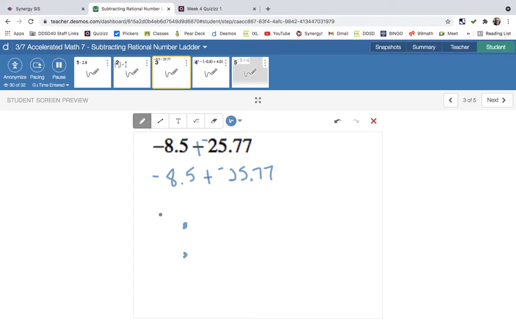And then put 25.77, and not even put the negative there, because I'm just going to add these together, because negative plus negative is even more negative. And we get 34.27, and so it is negative 34 and 27/100.